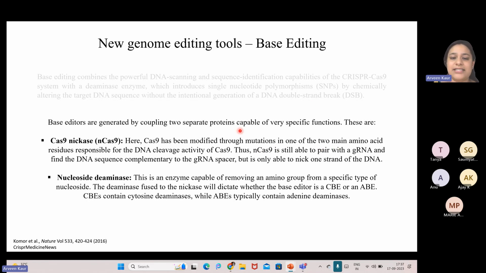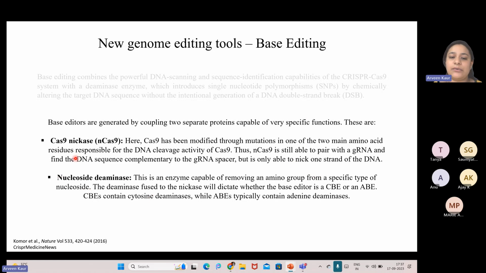Now this nickase, N-Cas9, is still able to pair with a guide RNA and find a complementary DNA sequence, right? But instead of creating a double-stranded break, it can now only nick one strand of DNA.